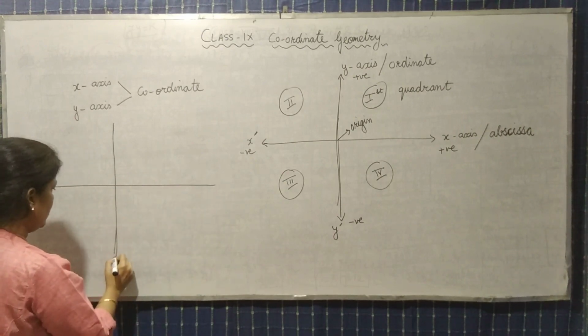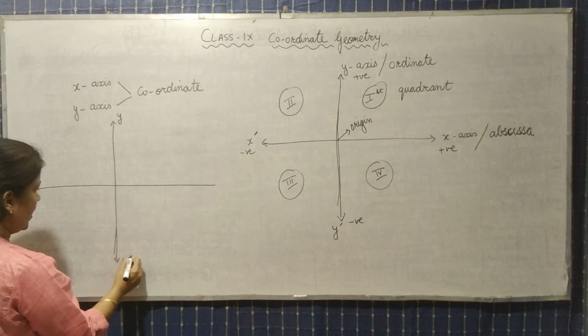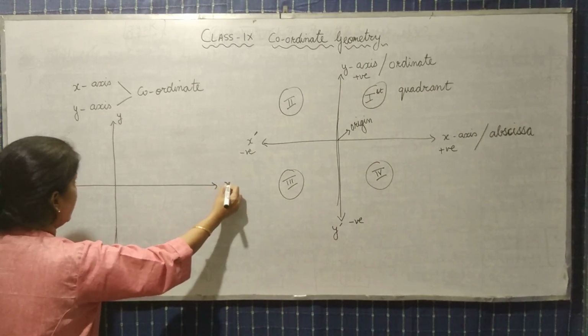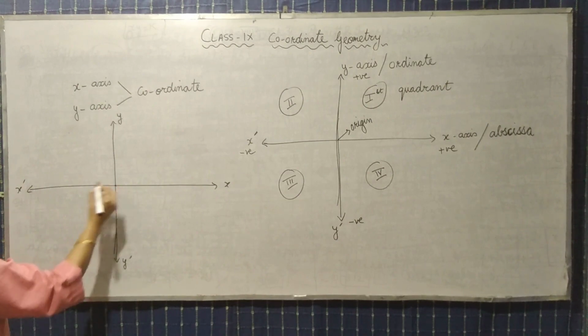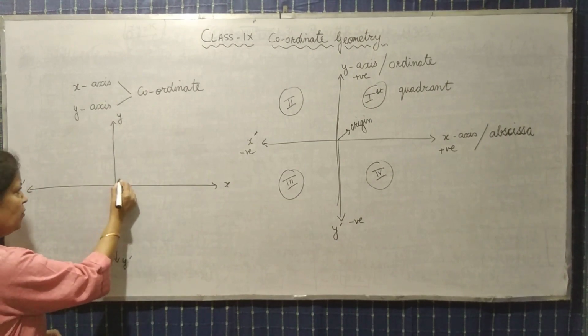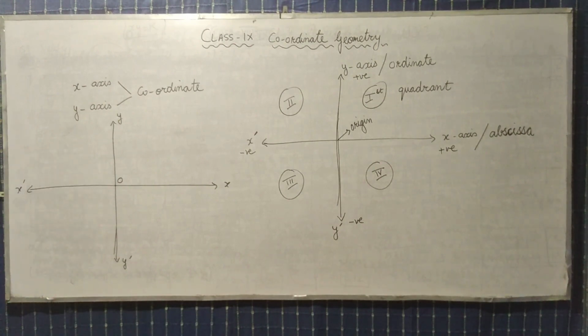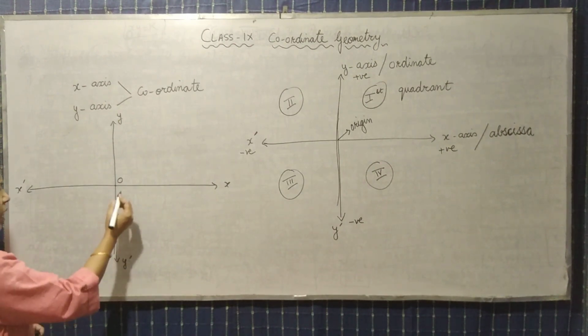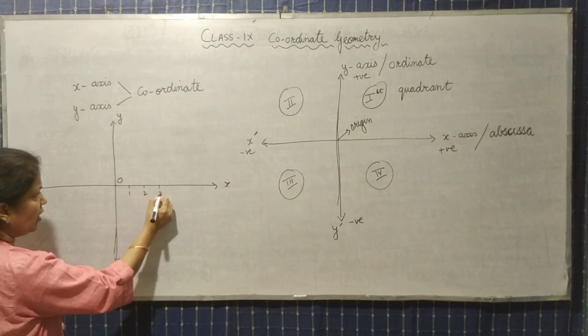देखिए ध्यान से, this is y axis, y dash, x and x dash, and this is origin. Origin normally we write with O. Now what we will do, we will divide it into equal divisions.